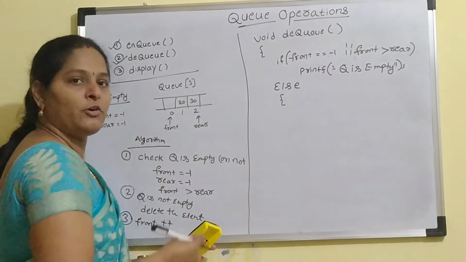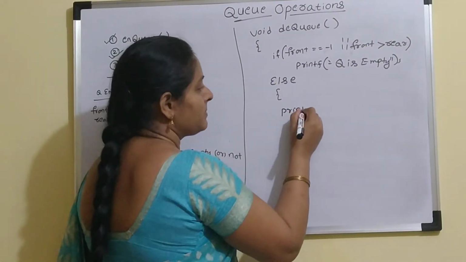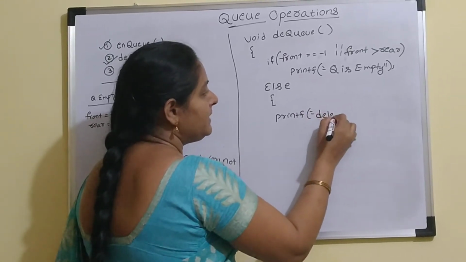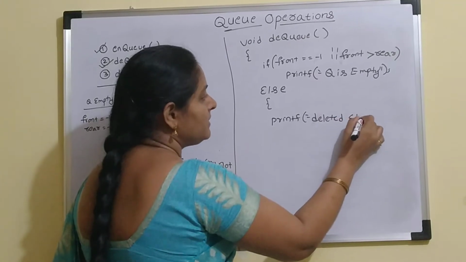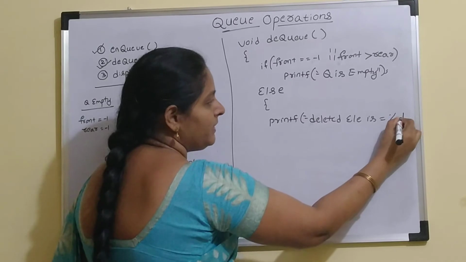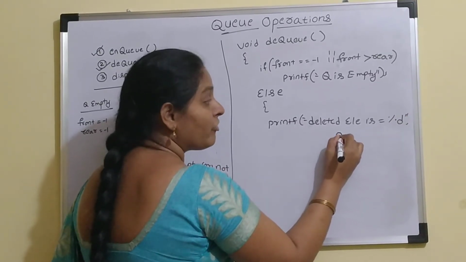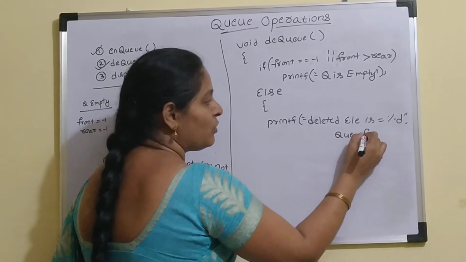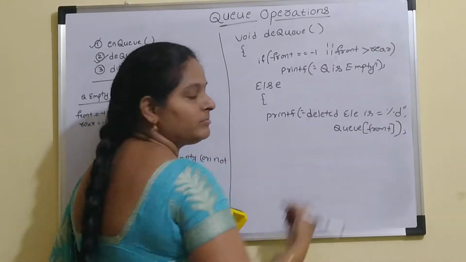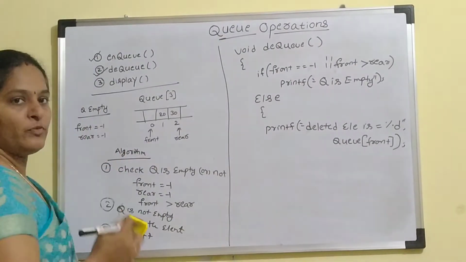So in the code, how do we write that? printf deleted element is %d, comma. Here what is the deleted element? The front element, so q of front.